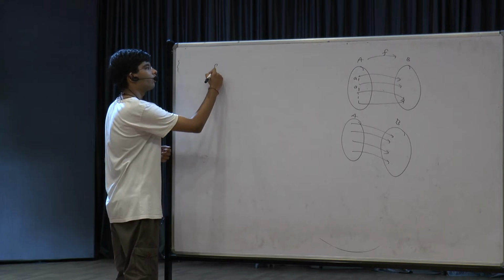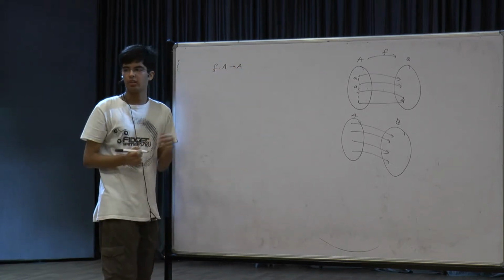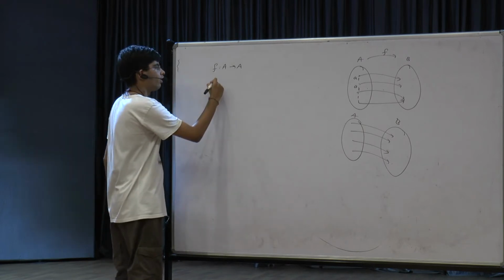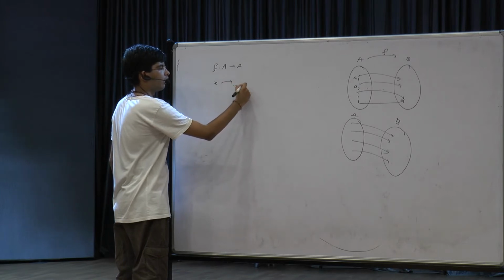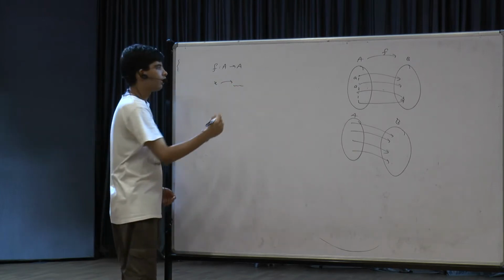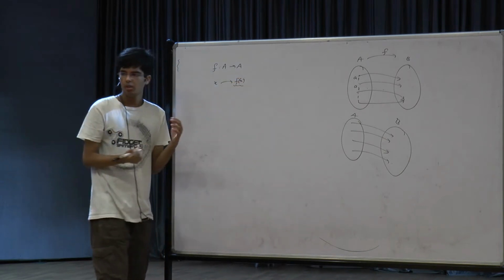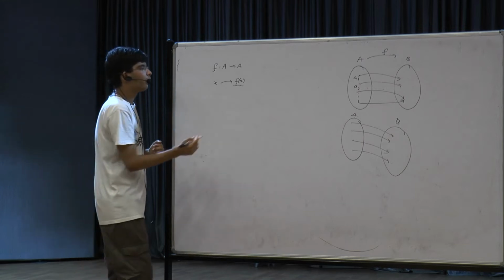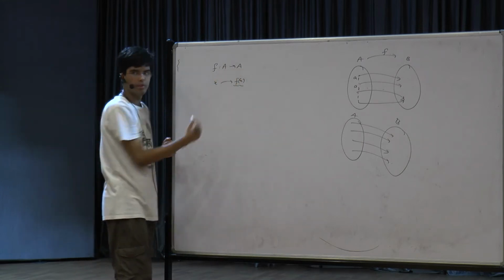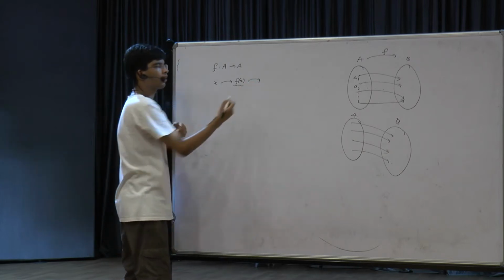Suppose you have a function f from A to A, where A is some finite set. What this does is it takes x to something, and let's call that something f of x. This is just notation. Now this f of x is also in A, so f also takes f of x to something else.